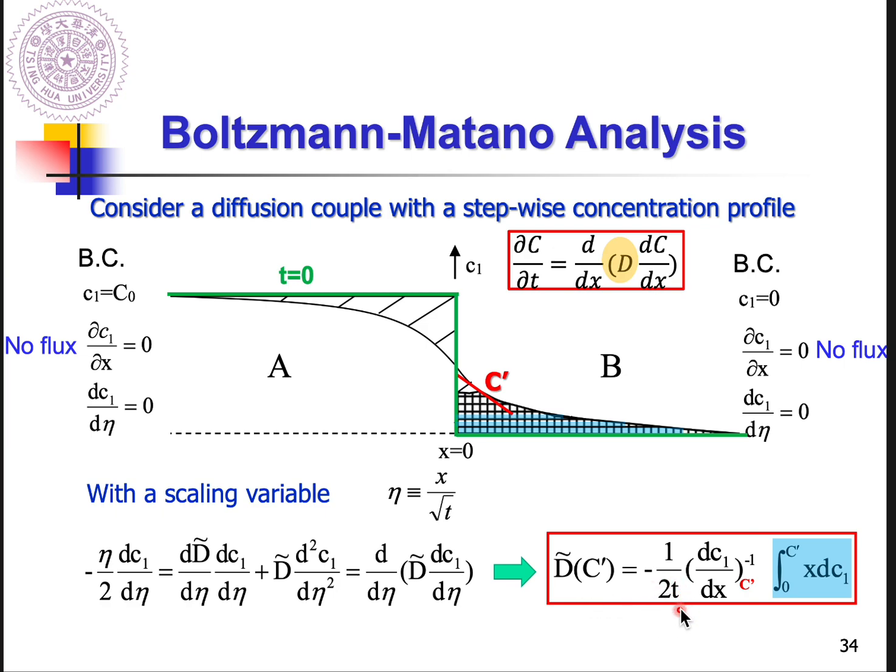This implies that the diffusion time period, the concentration gradient at your concentration of interest, and the total number of diffusing atoms you integrate from C0 to C', these 3 factors determine the interdiffusivity at C'.